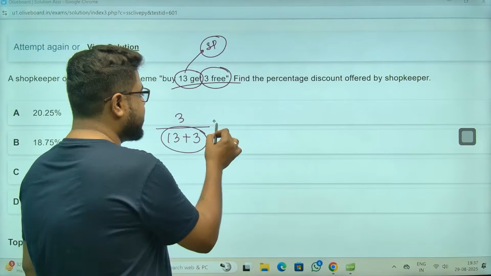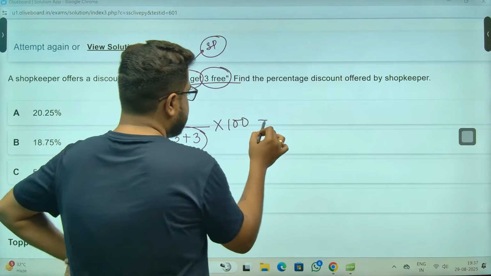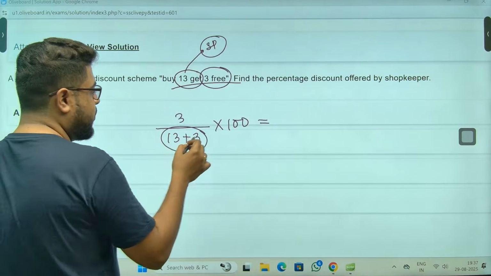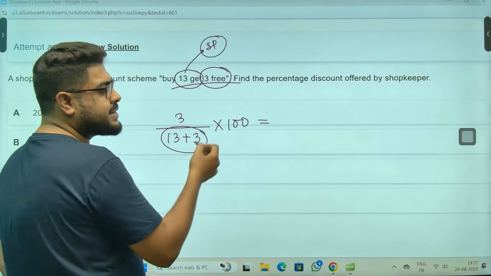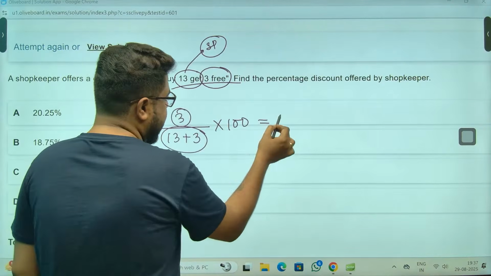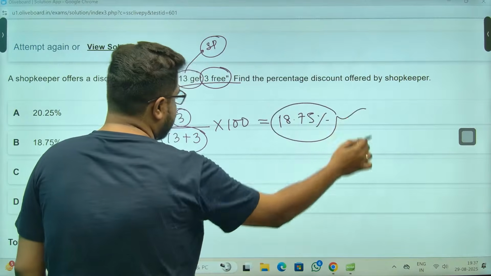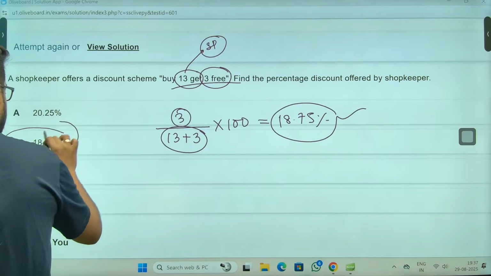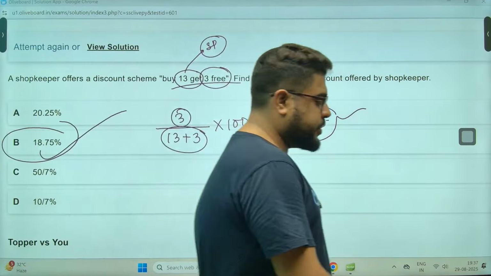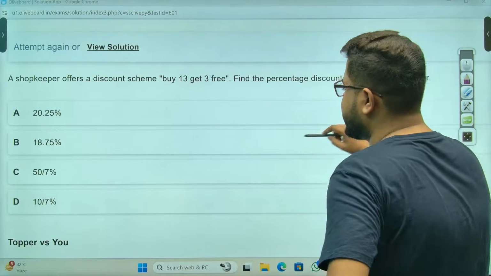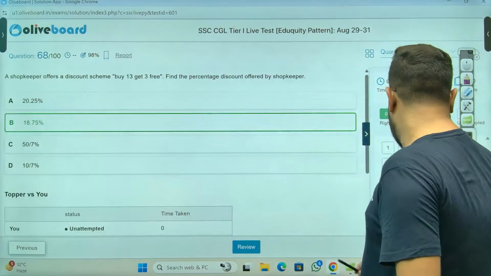So this is your percentage. 1 by 16 is 6.25, 100 by 16 is 6.25 into 3, 18.75%. You guys know, I hope, 1 by 16, very important value. Option B is the answer. Option B is definitely your correct answer. Perfect.